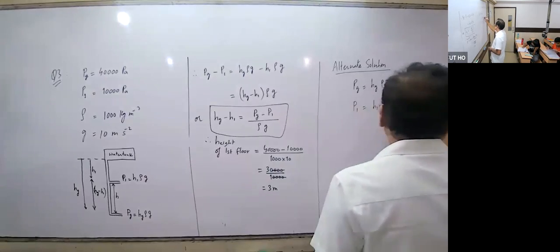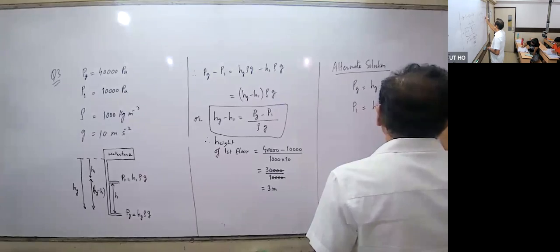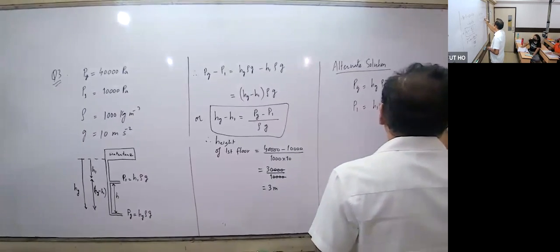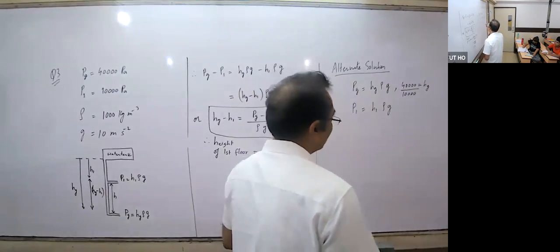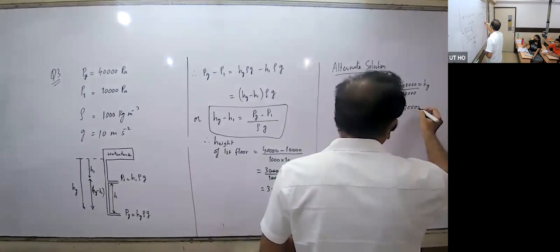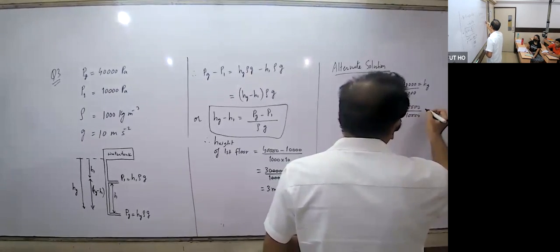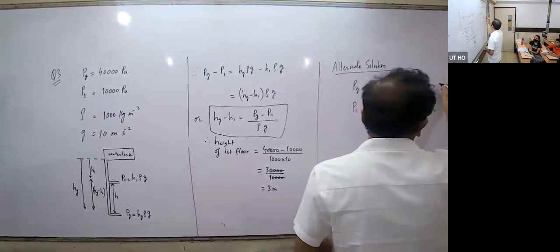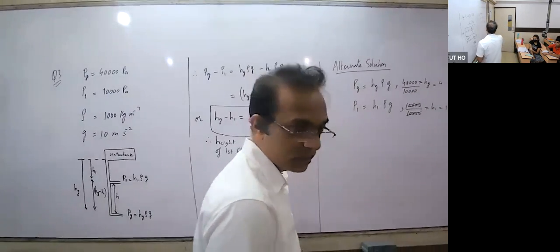So 40,000 is equal to Hg upon 10,000, right? This is what she did. And this will be 10,000 divided by 10,000. This is H1. So this is 4, this is 1. H, right?